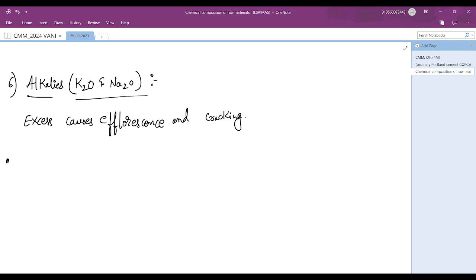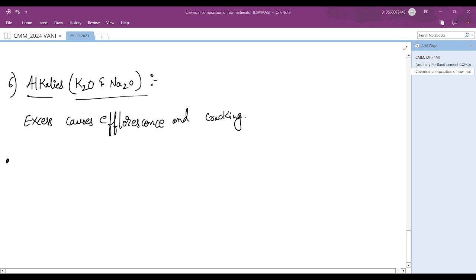But once the water gets evaporated, or once the water is finished after the hydration, these alkalis appear on the surface as a solid or precipitate, and they remain on the surface. Because of these remains of alkalis on the surface of the cement, it appears as white patches known as efflorescence, and if a greater amount of white patch is present, it will lead to cracking.